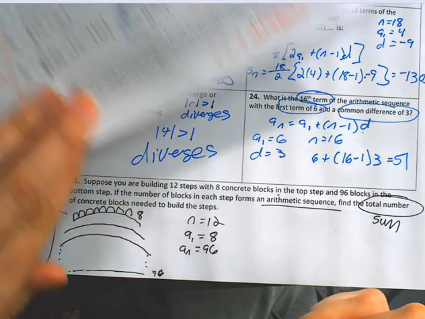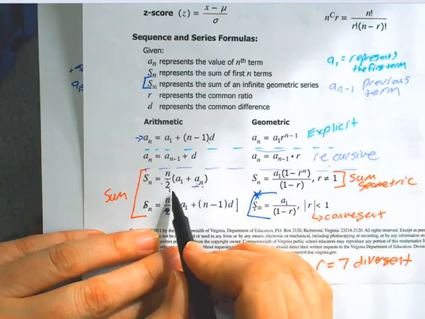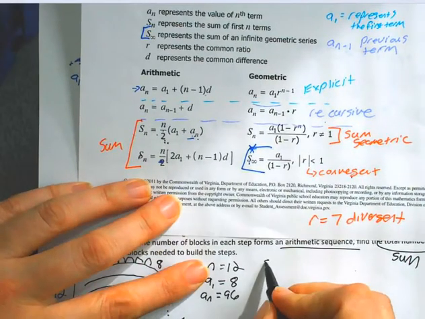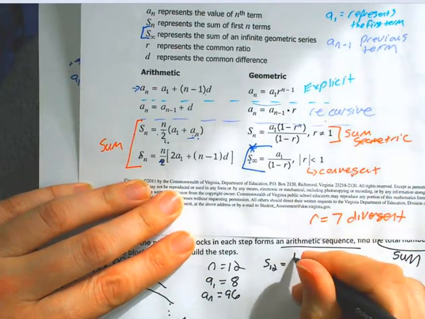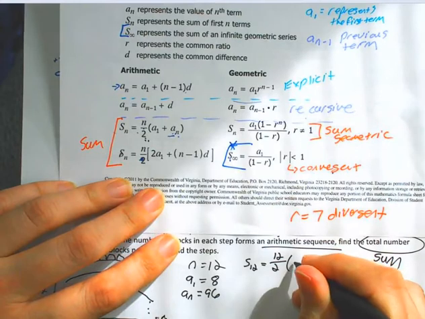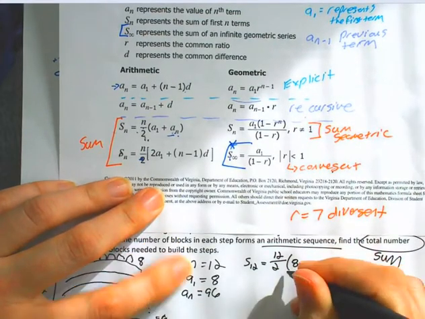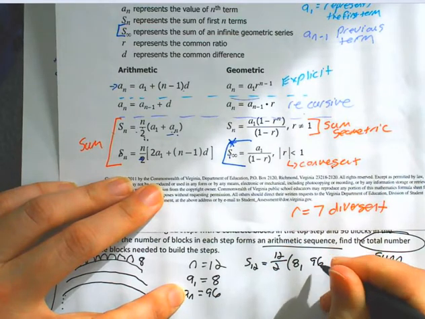Okay, so then if I look to see with the information I have, this one is the most appropriate formula. So the sum of the 12 steps equals 12 divided by 2 times a1, which is 8, plus a sub n, which is the last step of 96.